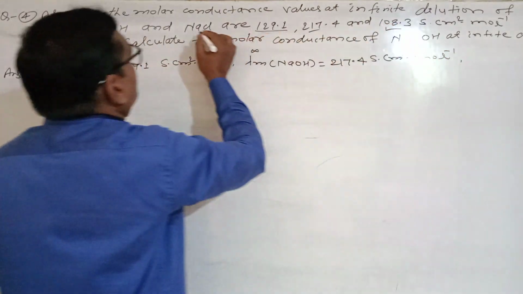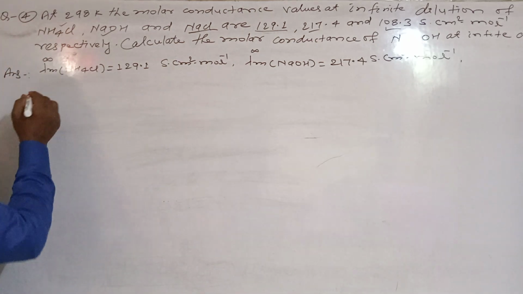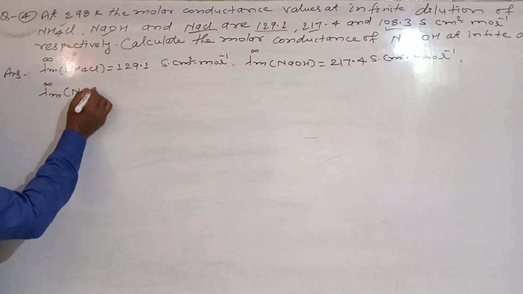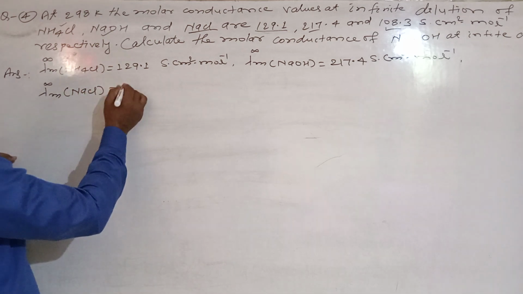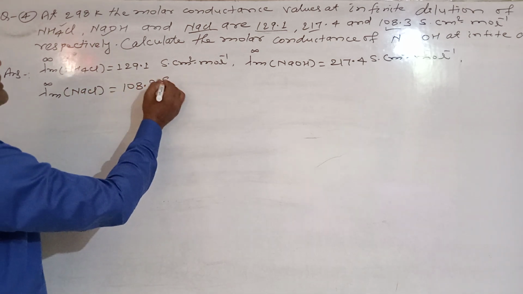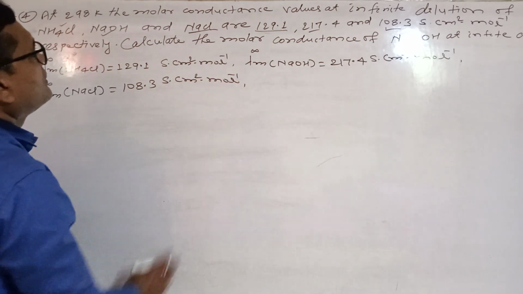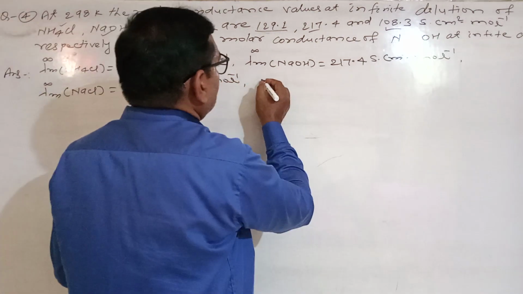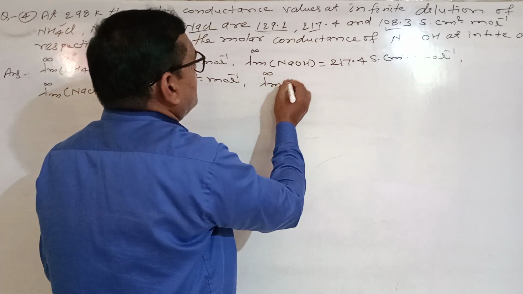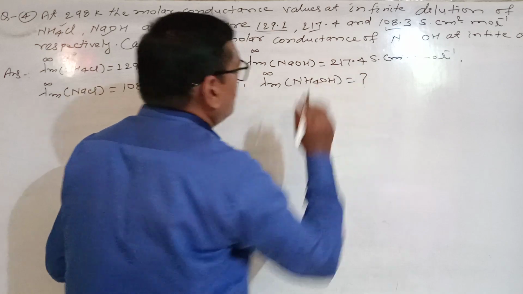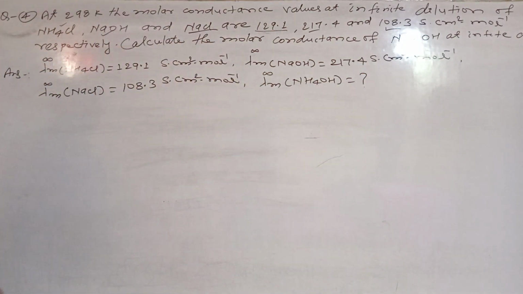This value is for NaCl. Lambda infinity m of NaCl is equal to 108.3 Siemens cm square mole inverse. The question asks the value of lambda infinity m of NH4OH is equal to what? These are given in the question.